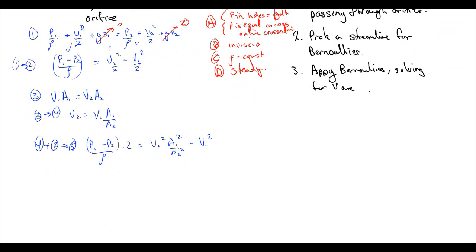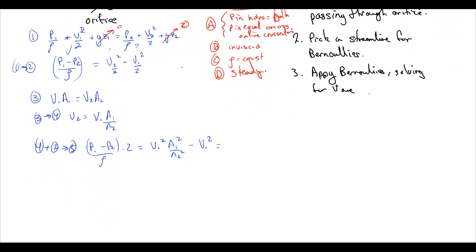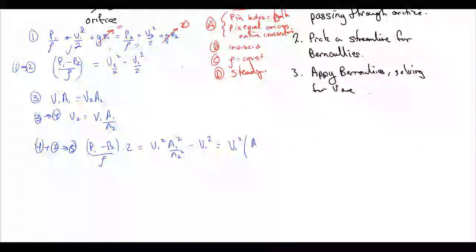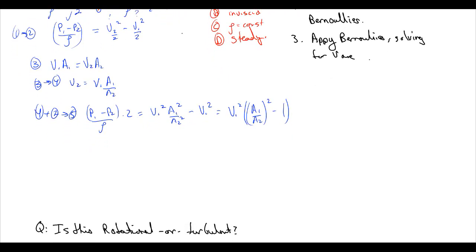Cool, which we can simplify a little bit farther by saying V1 squared times (A1 over A2) squared minus 1. Great.